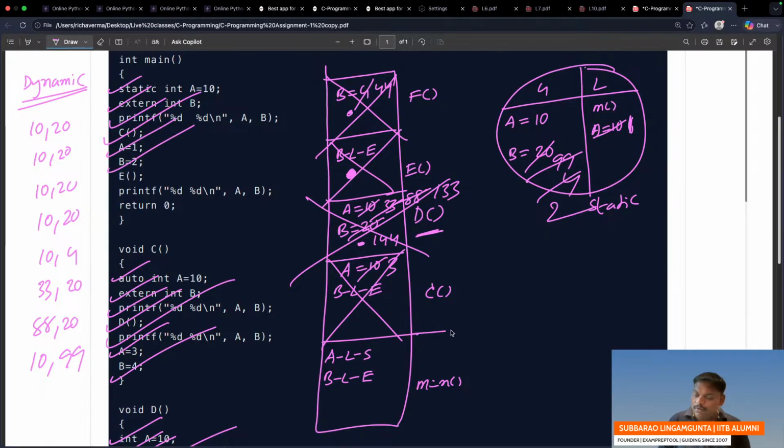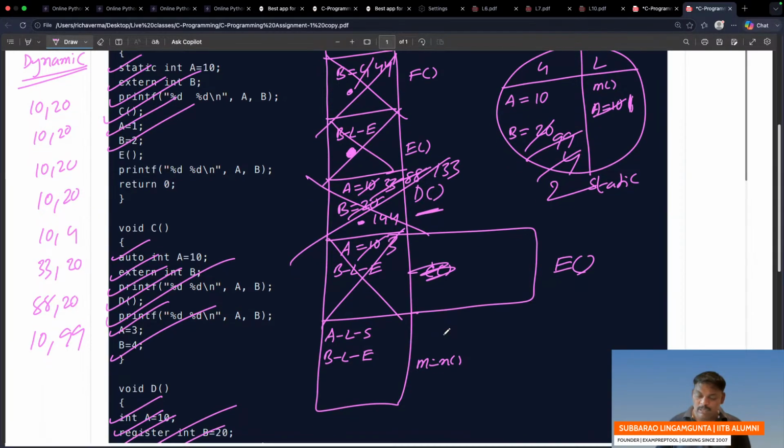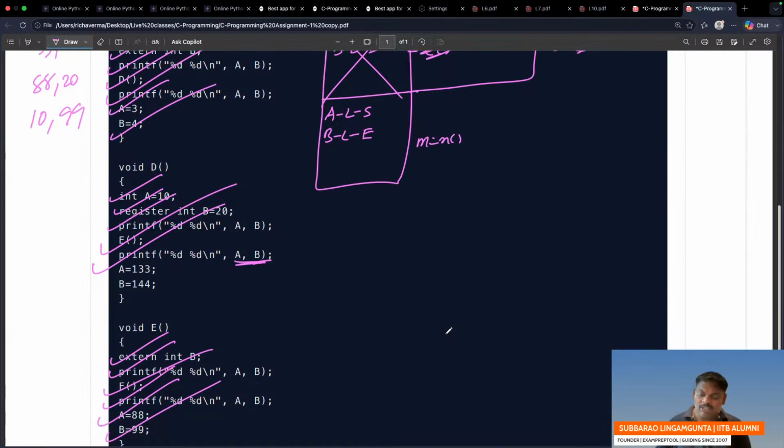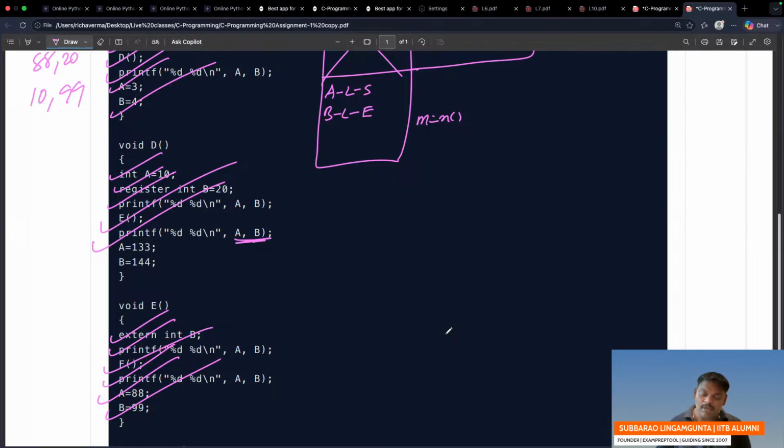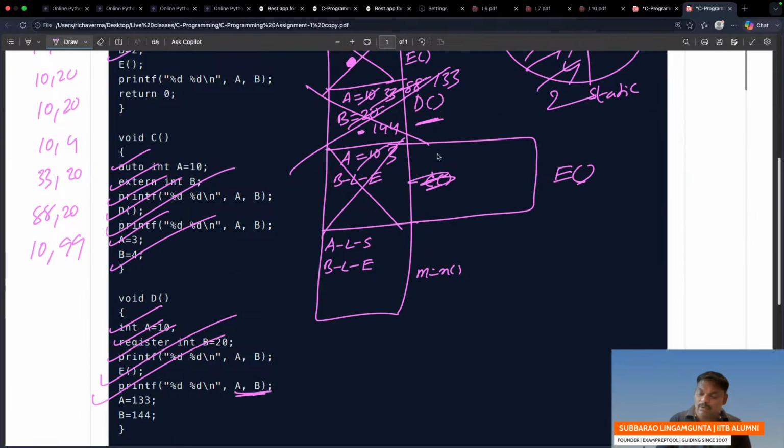Now E called. In the E, again you have to go to E. Be careful. This is a much bigger problem; in the exam they don't give it, for your checking purpose I have given. So extern int B. B is local but global, right? External variable. B is local but external, okay? But A is not there.